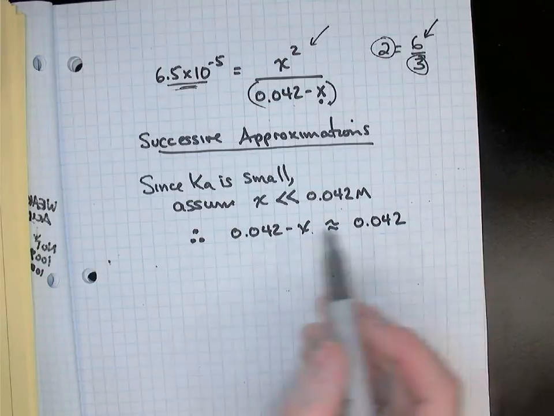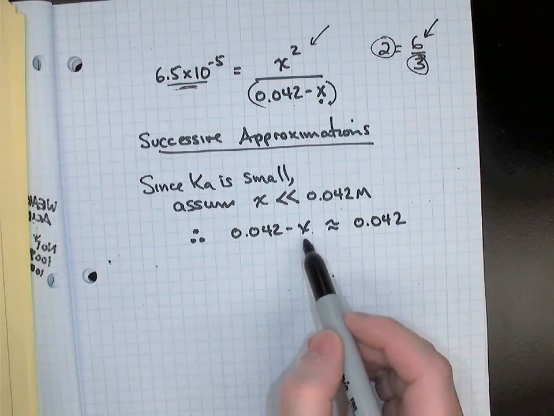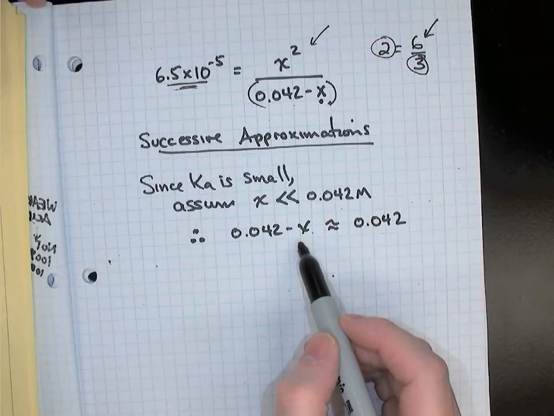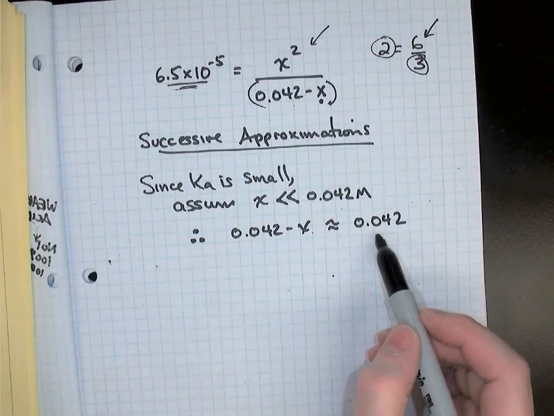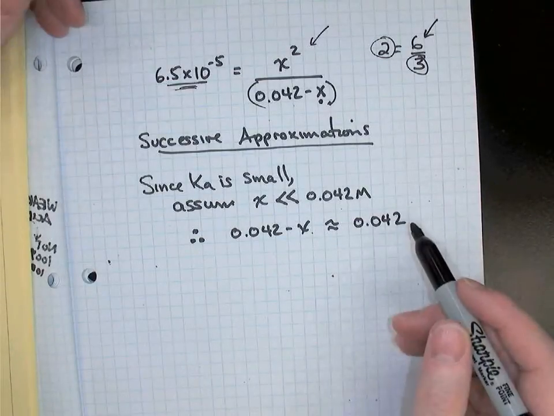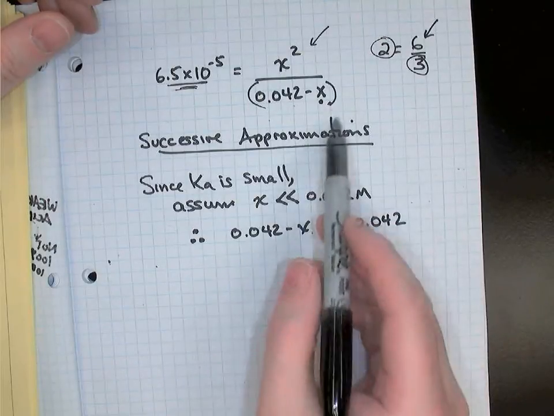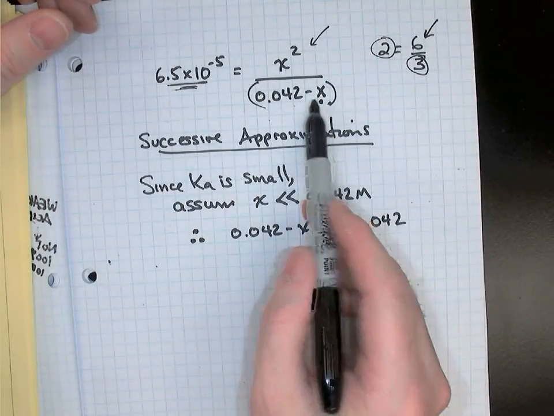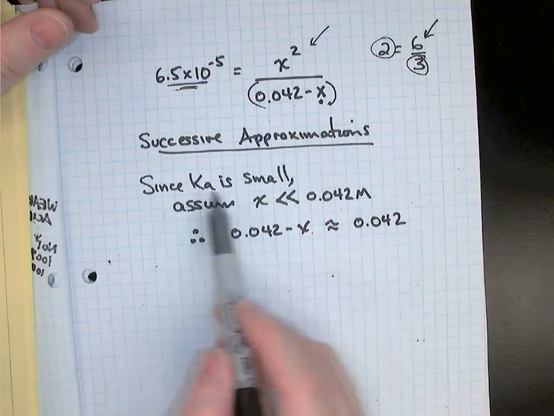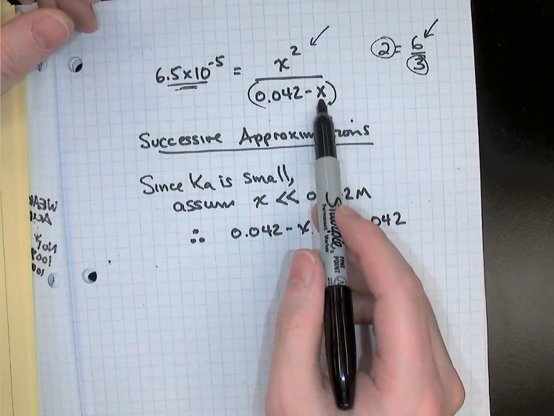In the same way that if you had $1 million and you lost 10 cents, something very, very small, you'd probably still claim that you're a millionaire, even though you lost 10 cents. You'd still say you have $1 million, because that 10 cents doesn't really matter. So since X is going to be very, very small compared to 0.042, our acid is very weak, we can basically ignore this X on the bottom here.